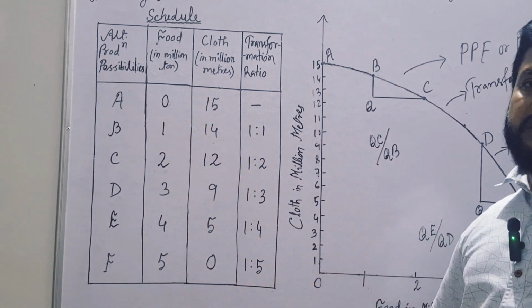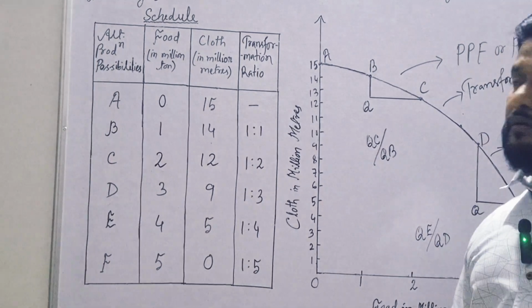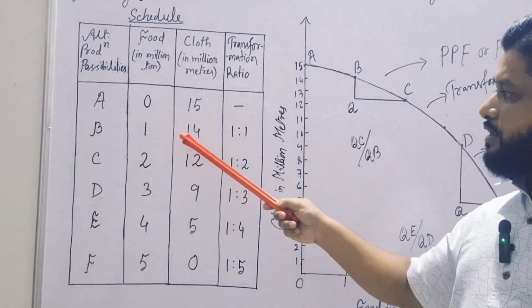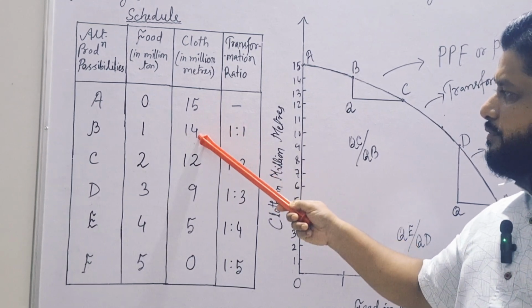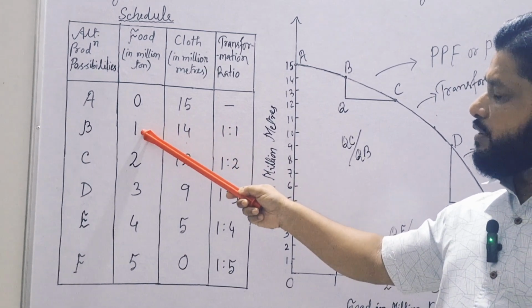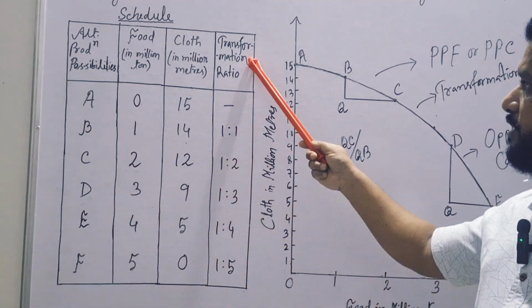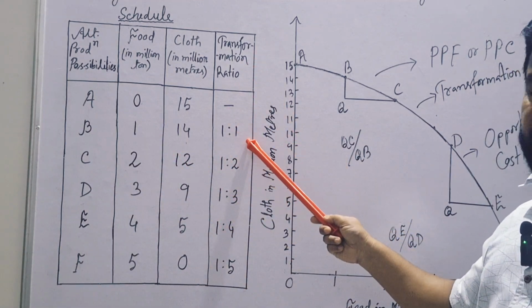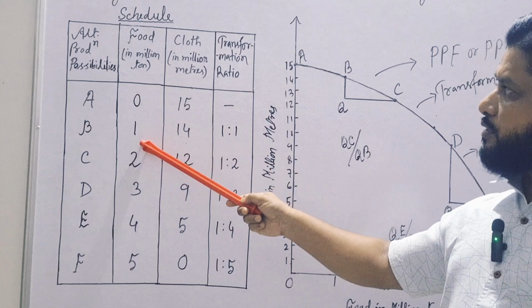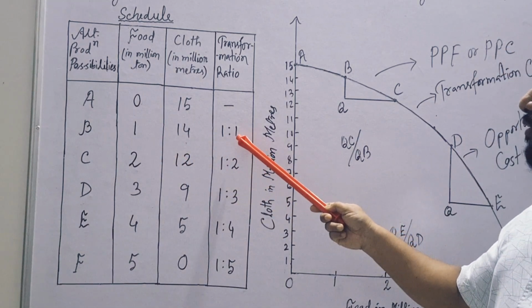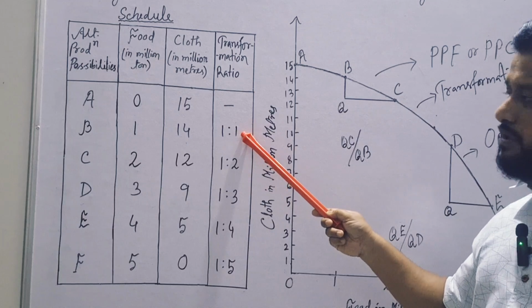But if the country thinks that more food items should be produced, the country should sacrifice 1 million meter of cloth to produce 1 million ton of food. The transformation ratio is 1:1. That is, for producing 1 million ton of food, the country should sacrifice 1 million meter of cloth.